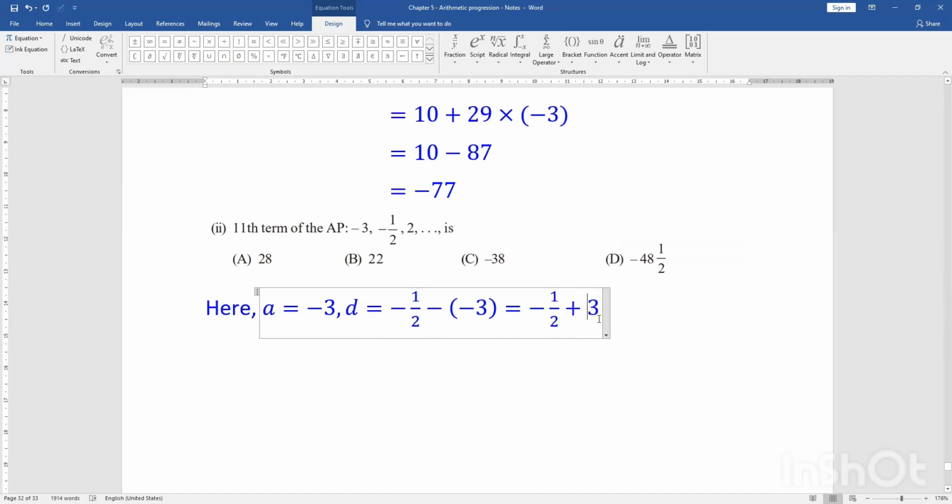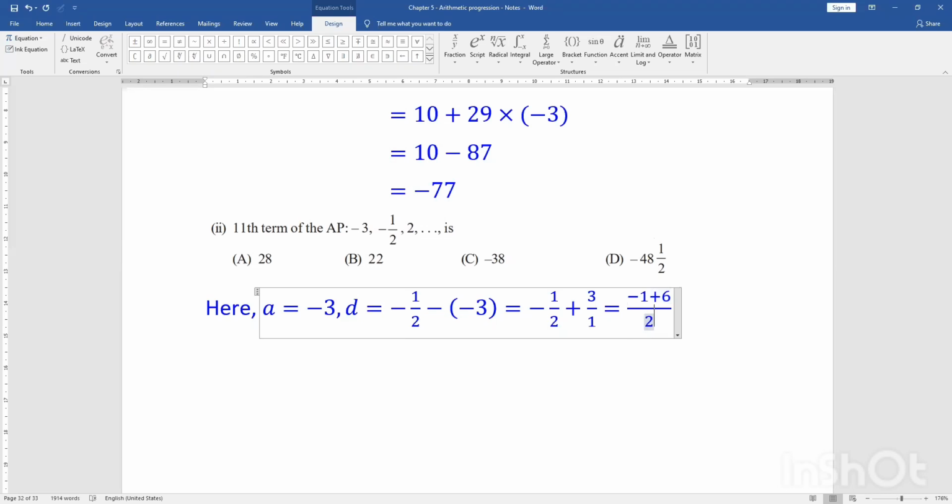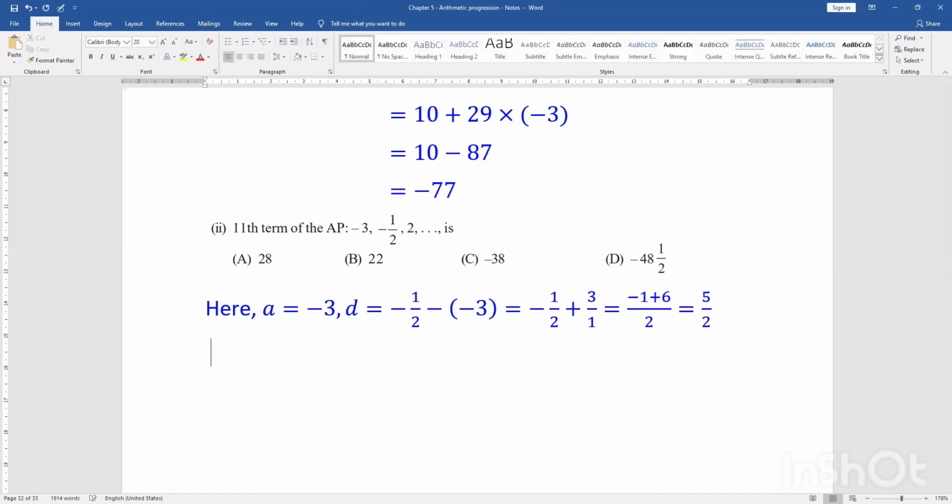I can write 3 as 3 by 1 and do the cross multiplication to solve this fraction. 2 into 1 is 2, and minus 1 into 1 is minus 1 plus 6, so it gives you 5 by 2.